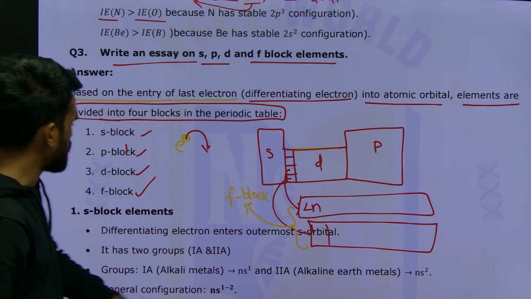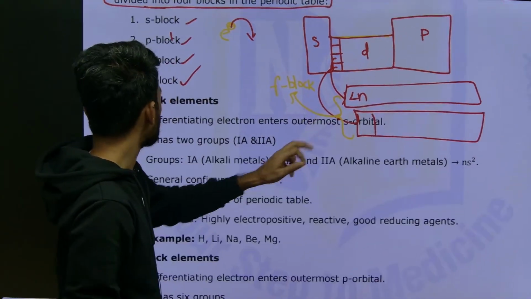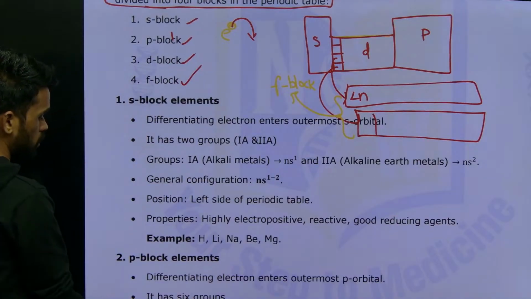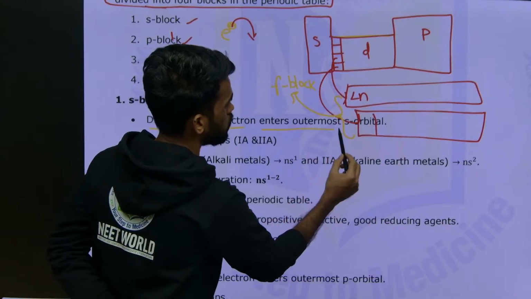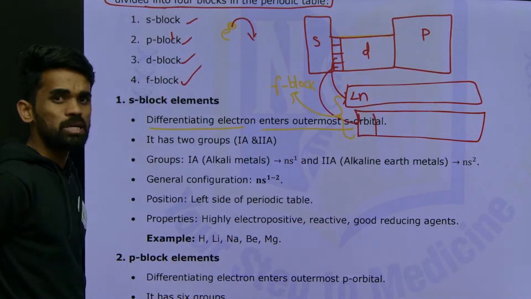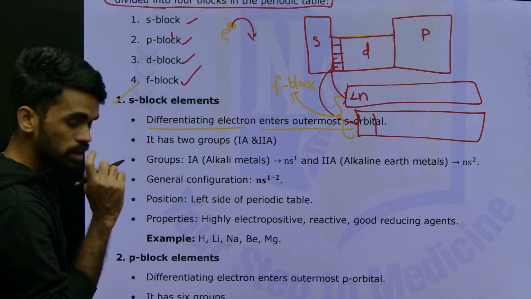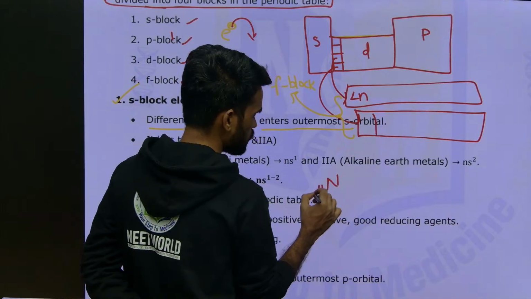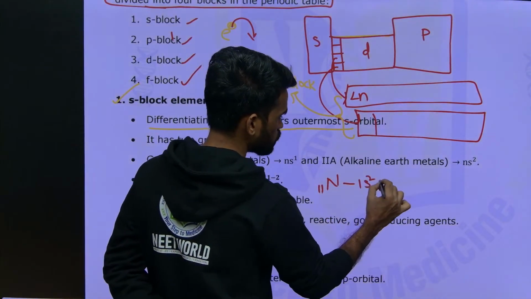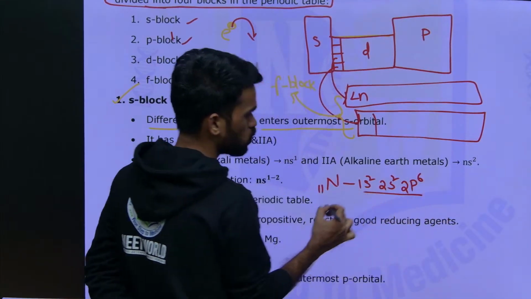Now, how can we say they are s block elements? If the differentiating electron, that last electron, is entering into the outermost s orbital, then we can say it is an s block element. Give one example: sodium, atomic number 11, so you write 1s2, 2s2, 2p6, 10 electrons up to here.